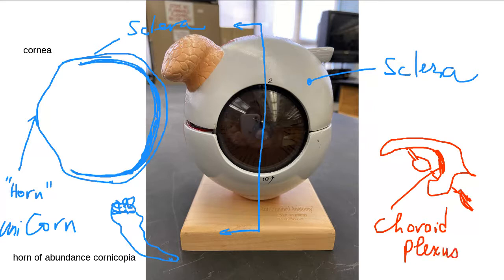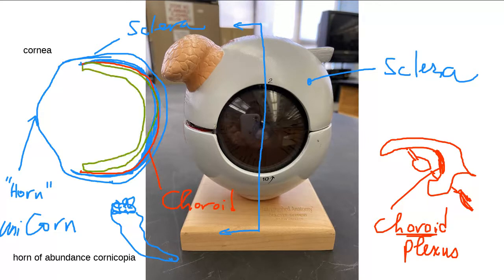So choroid is like a network of blood vessels, if you will. So the second layer of the eye is the choroid. That means there's a lot of blood vessels there. And then you have your innermost layer, which has a lot of photoreceptor cells.